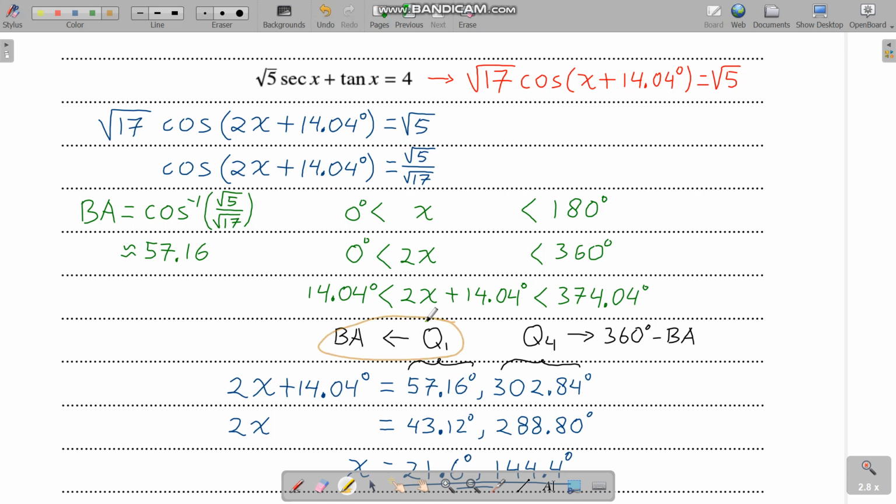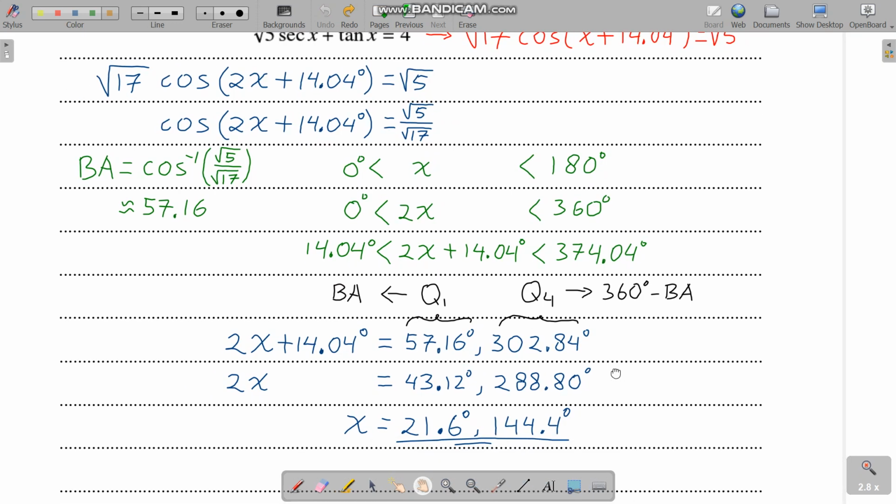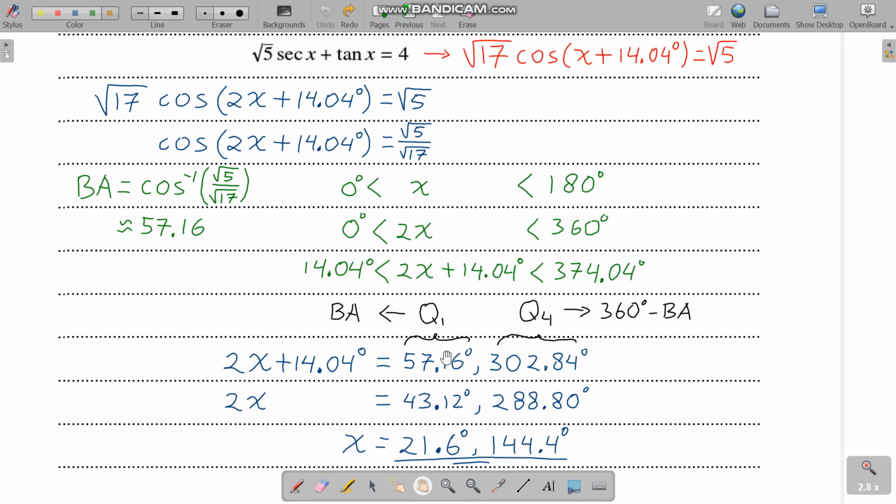So for the first quadrant, just the base angle, and for the fourth quadrant we have 360 minus base angle, so 360 minus 57.16, we get this fourth quadrant angle. Now we're looking for x, so we still have to subtract 14.04 from everything, and then we have to divide everything by 2, and we get the final answers.